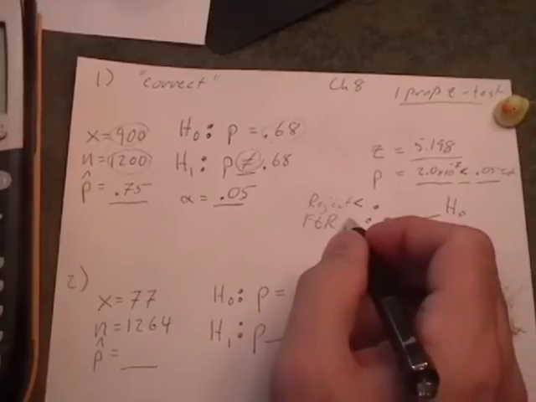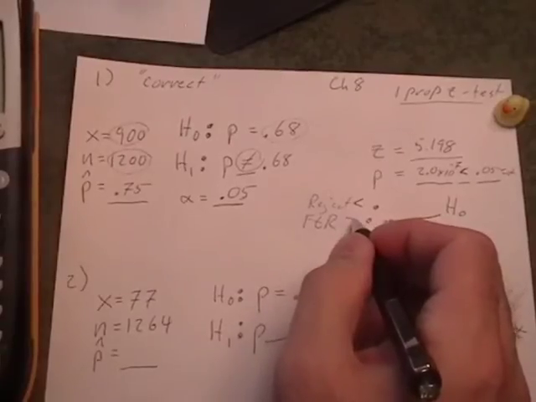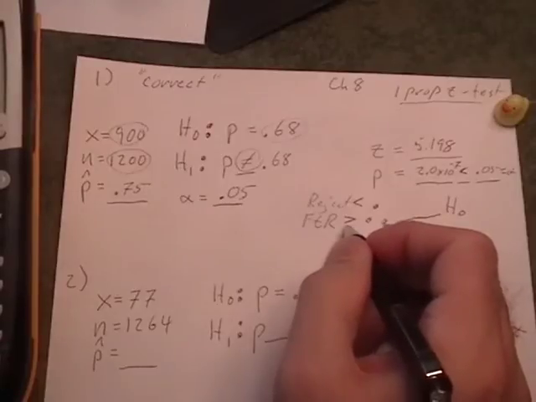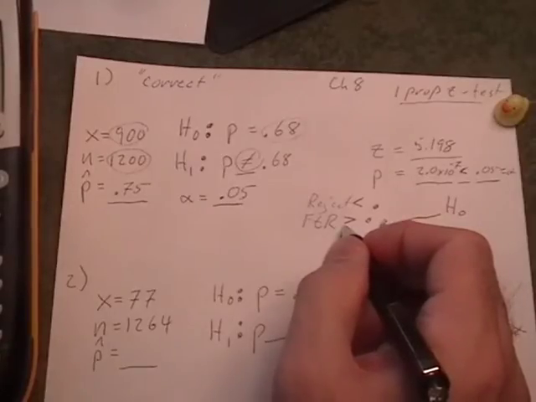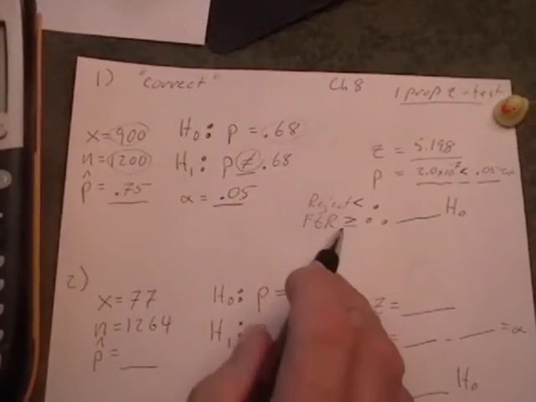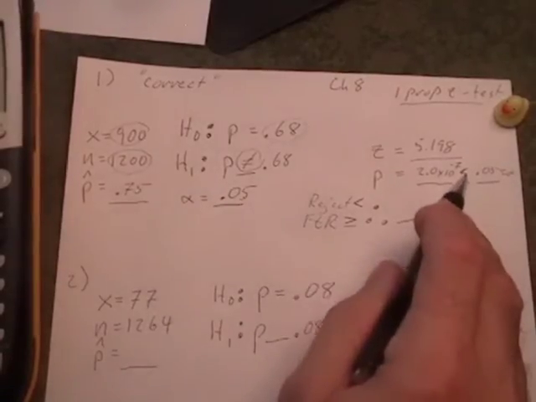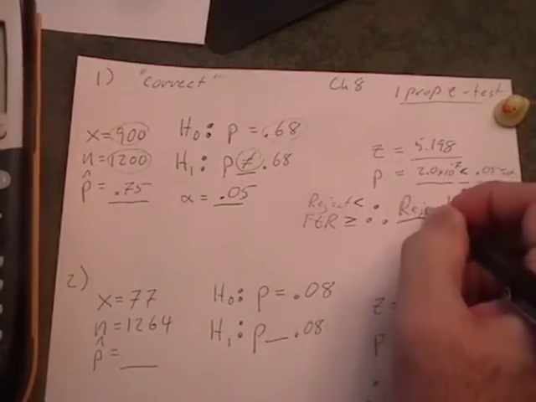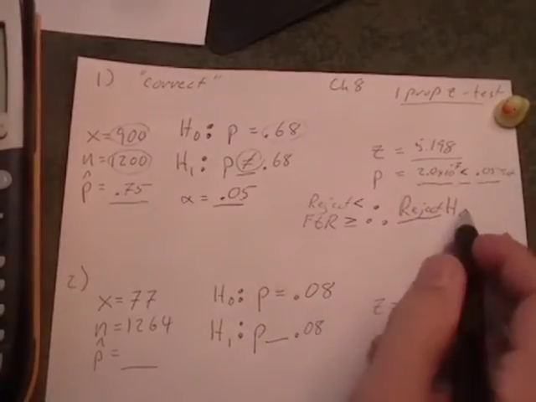You fail to reject if it is greater than. You don't really have to worry about it being equal to, but for the record, you fail to reject if it's greater than or equal to. In this case, since I had a less than sign here, I'm going to reject the null hypothesis.